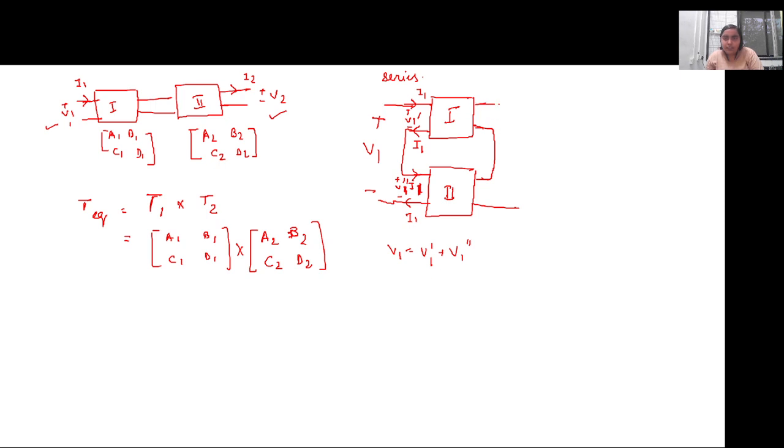Similarly, in the series network at the output, the I2 current flowing through network 1 is the same current that flows into network 2, because it is series, and the total voltage will be V2, where for the individual circuits we have V2 dash and V2 double dash.